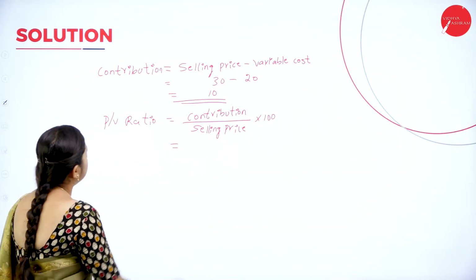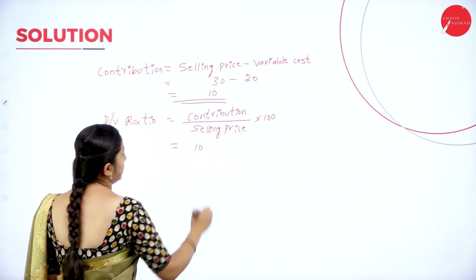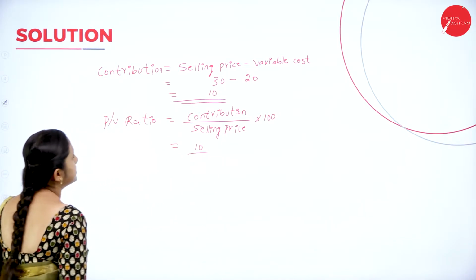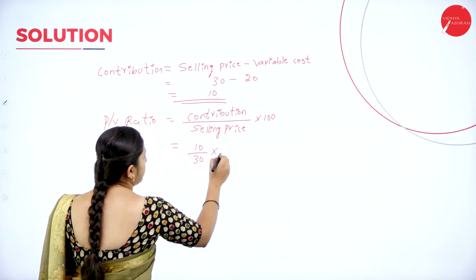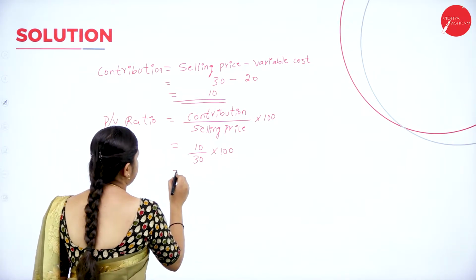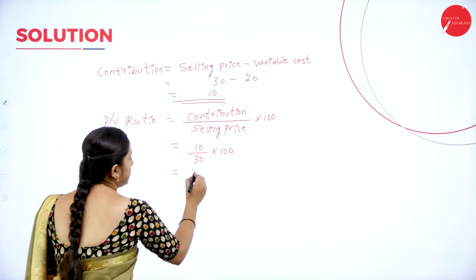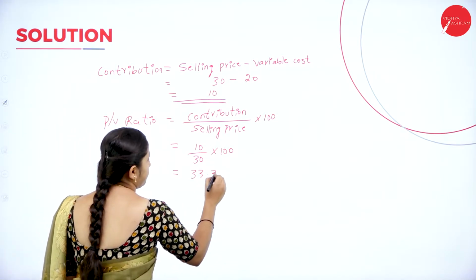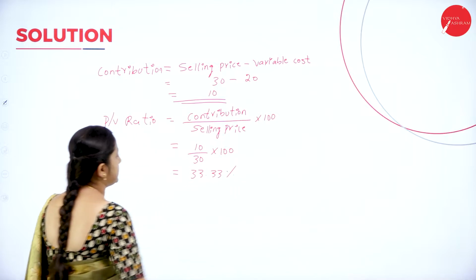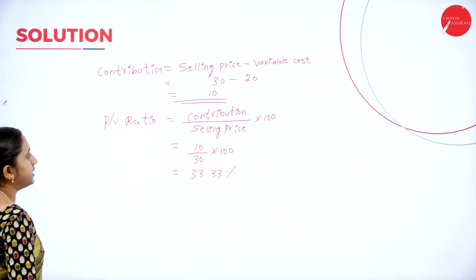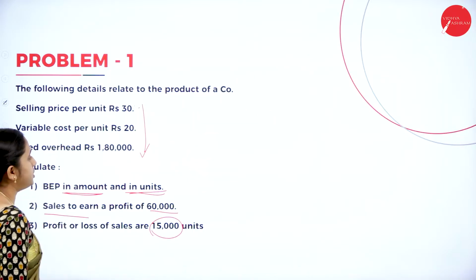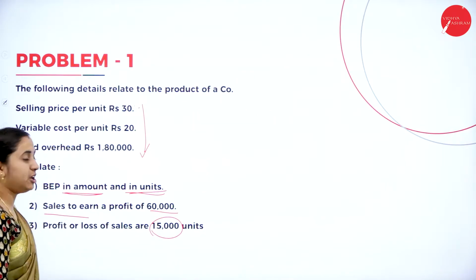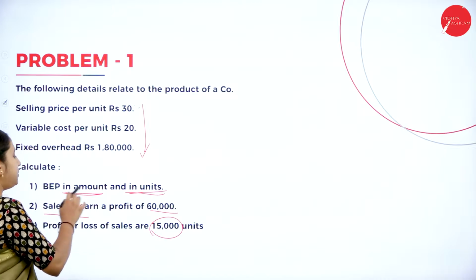So contribution is 10, then selling price is 30, into 100. 33.33%. 33.33% is PV ratio. Now from this information, first calculate BEP in amount.